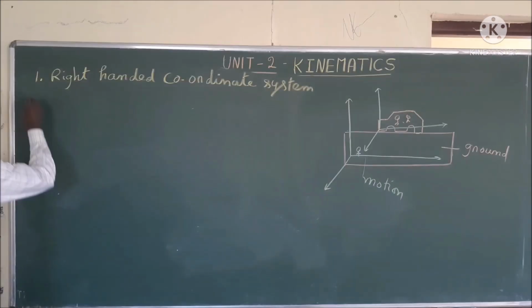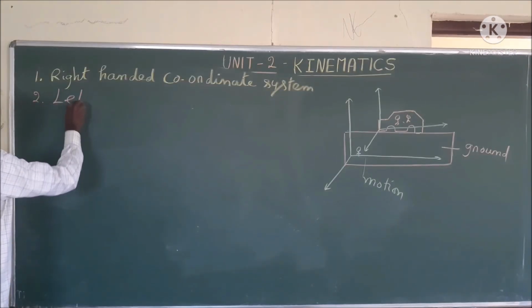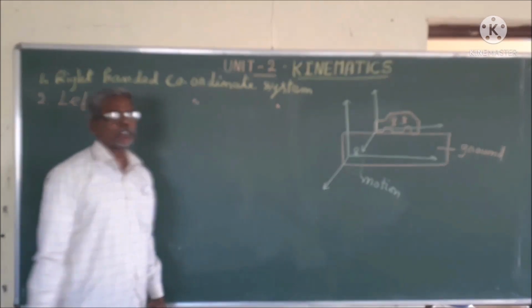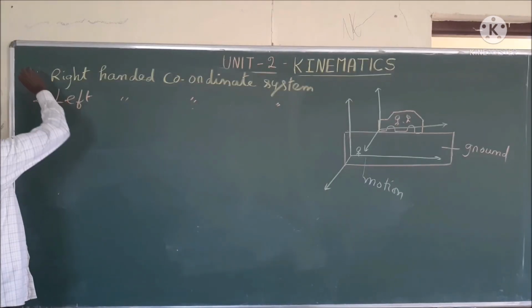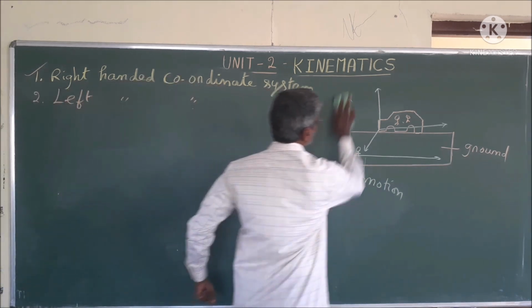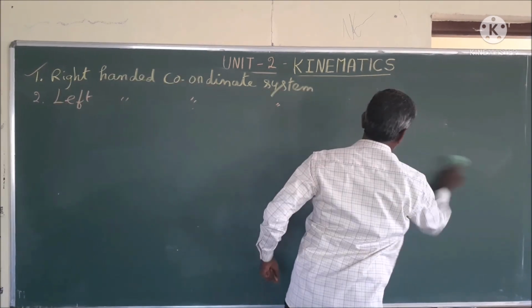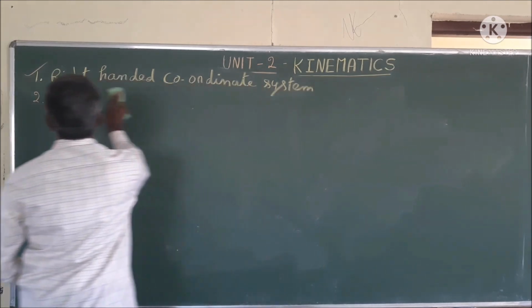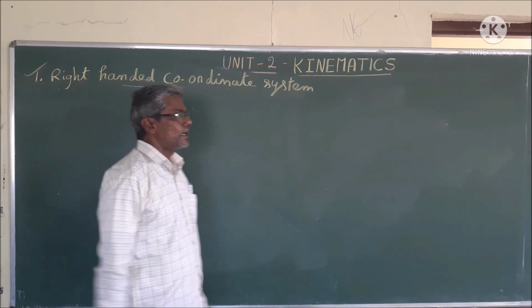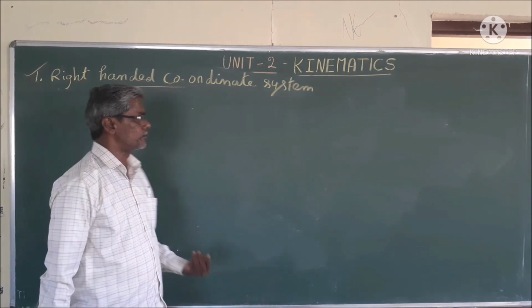The other one is the left-handed coordinate system. In physics, mostly we will use the right-handed coordinate system. Now we will see how to find out the right-handed coordinate system.